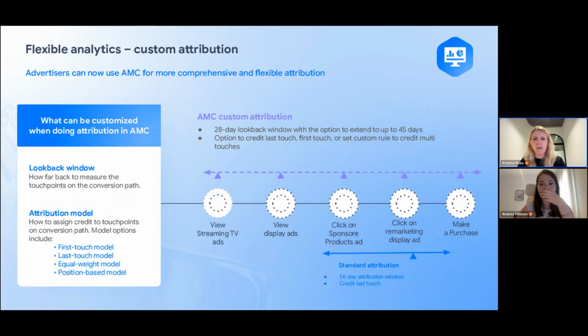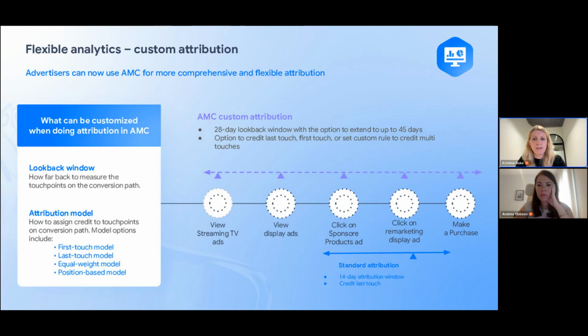And one of the greatest strengths of AMC is the flexibility in attribution. We can fully customize how conversions are attributed, setting the look-back window and choosing how the credit is distributed across touch points. For instance, if we want to move away from the Amazon DSP default attribution model, which is last click, and from the attribution window of 14 days, then AMC is the right tool to use.